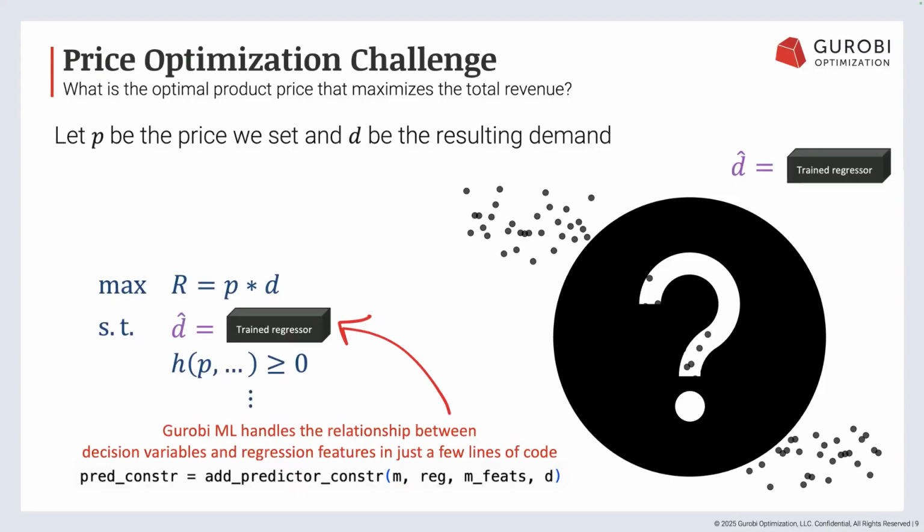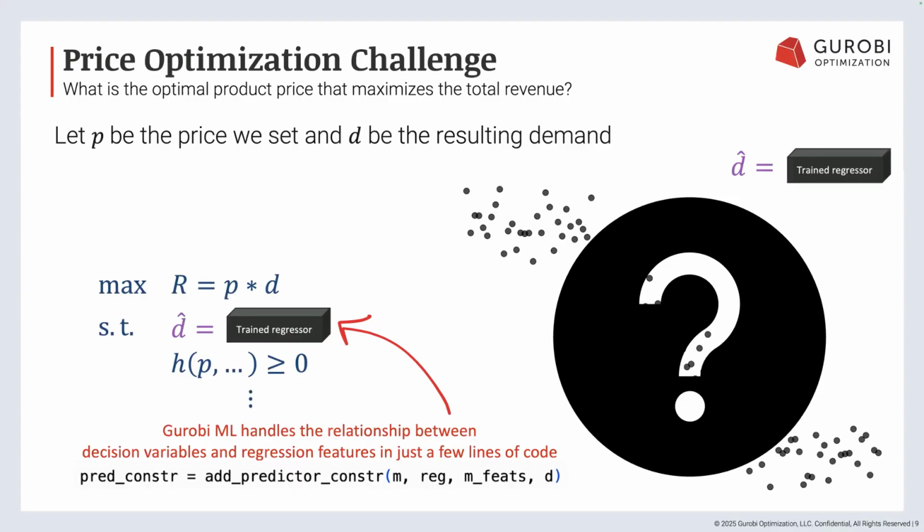This is what I think is really cool. At the bottom here, we have the one line of code that I'm highlighting. To really do this, there are a couple other things you need to do before, and we'll look at this in the notebook. But the main function you need is just this one function called add predictor constraint. The letter M represents some optimization model that you've already defined.